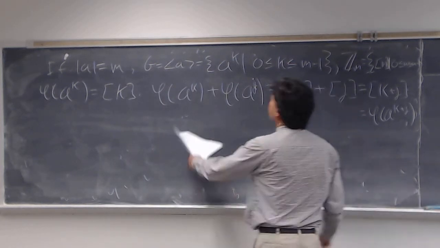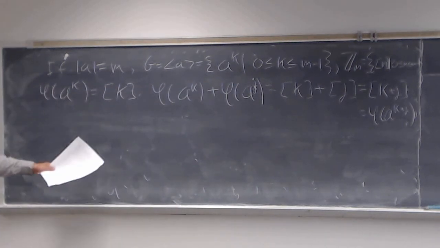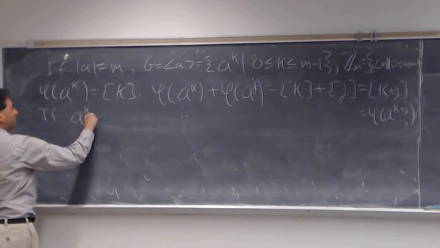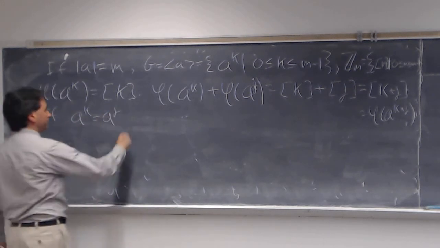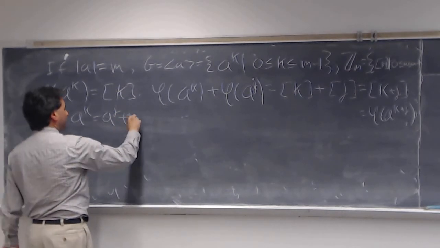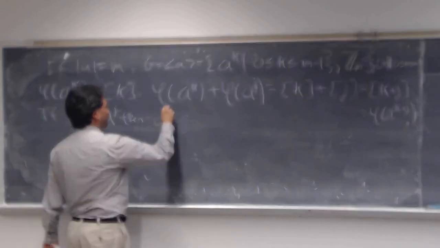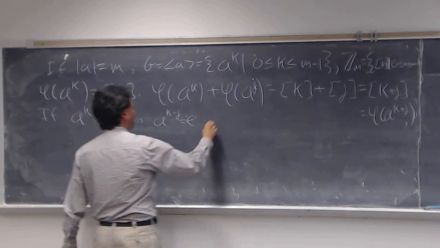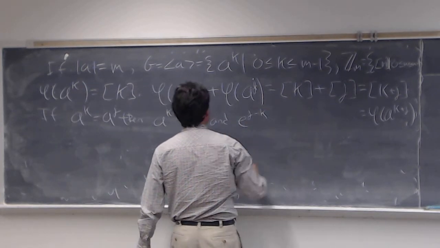We can actually show that we can define it on any power, even though we only have to define it in terms of those k. But if these two are equal, then this is the identity, and this is the identity.